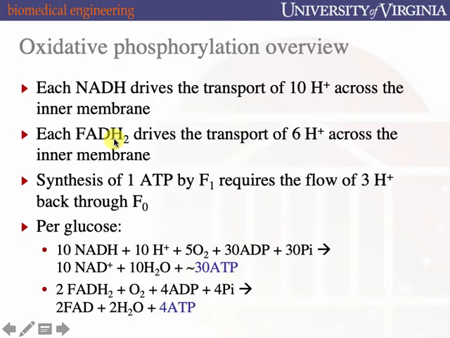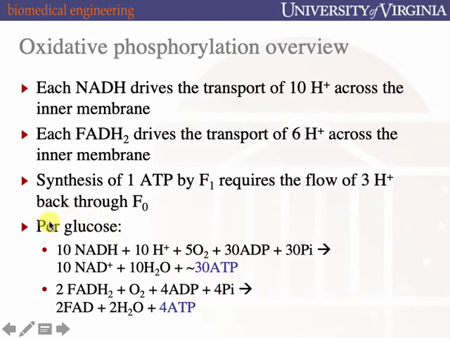For FADH2, it involves complexes 2, 3, and 4, and we get 6 protons pumped. And we just said that as 3 protons flow down the gradient through the ATPase, that will synthesize 1 ATP.